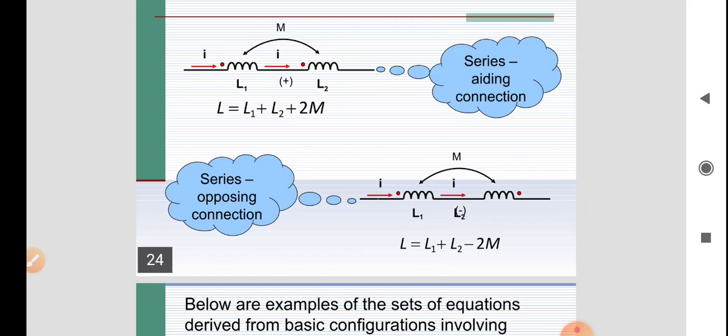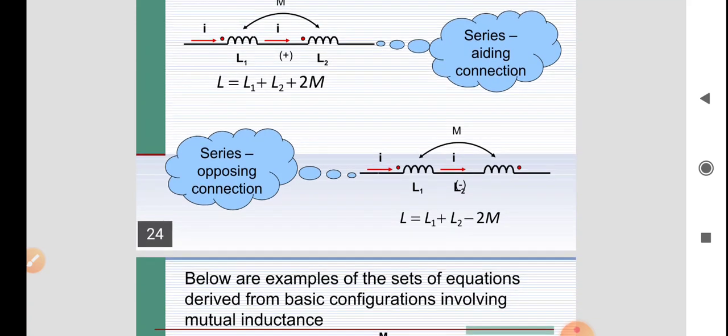Mutual inductance is always present between the two coils. The inductance which is induced between the two coils is called mutual inductance. If the total inductance is plus, then such a combination is called a series aiding connection.